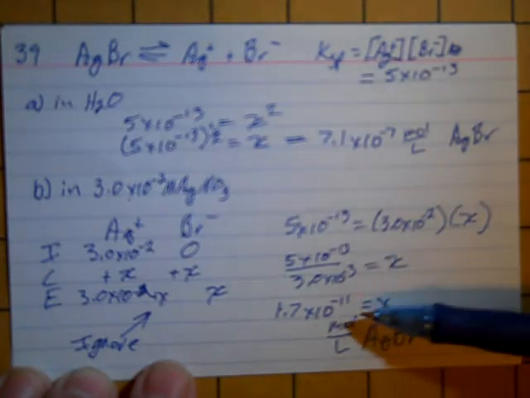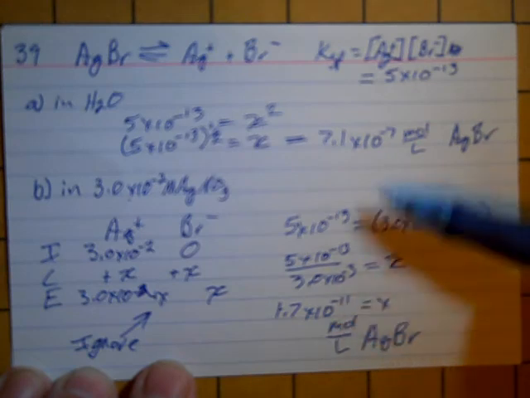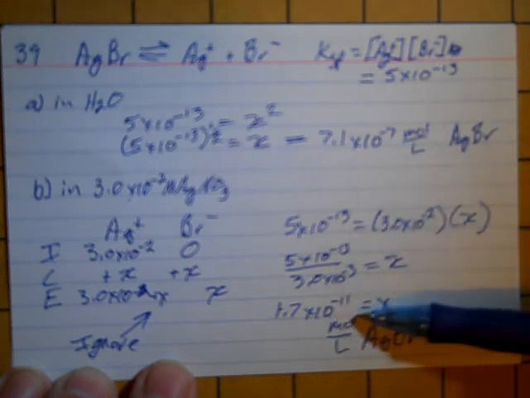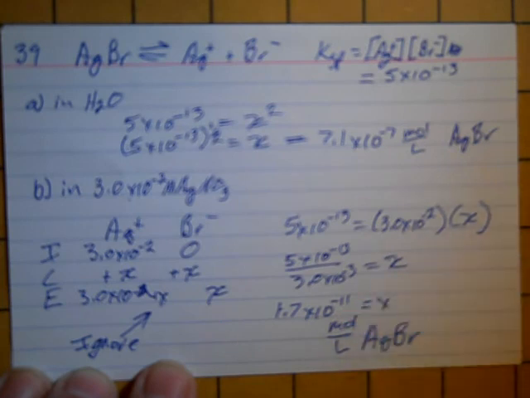A quick comparison, we see that the solubility is much smaller with a common ion present, and that's the way it should be.